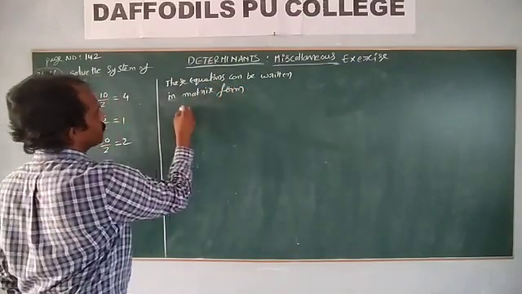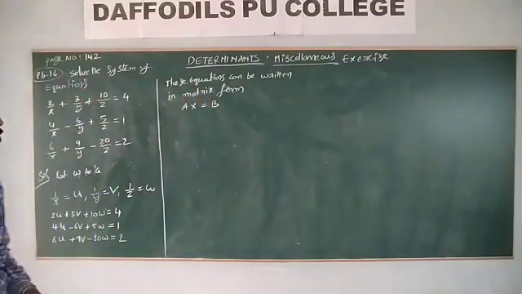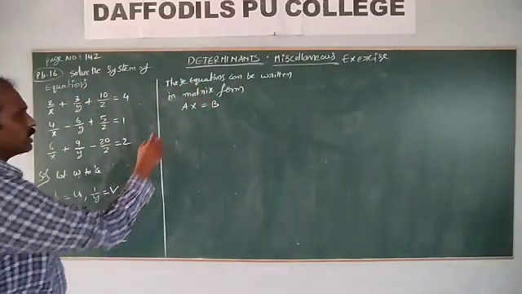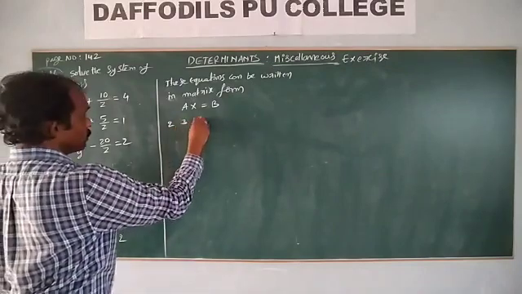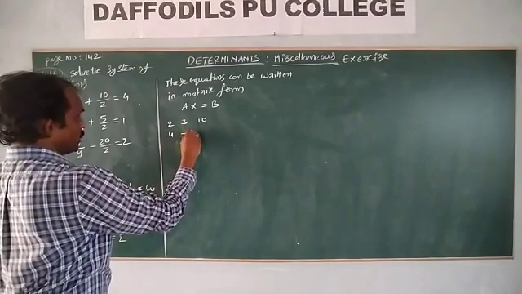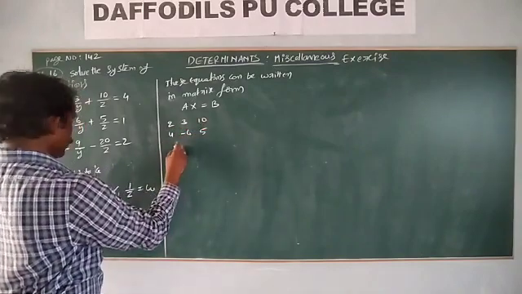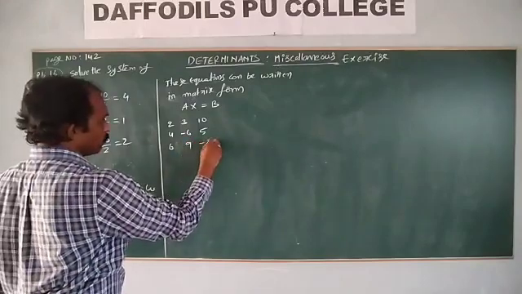In matrix form, AX is equal to B. What is A here? 2, 3, 10; 4, minus 6, 5; 6, 9, minus 20.